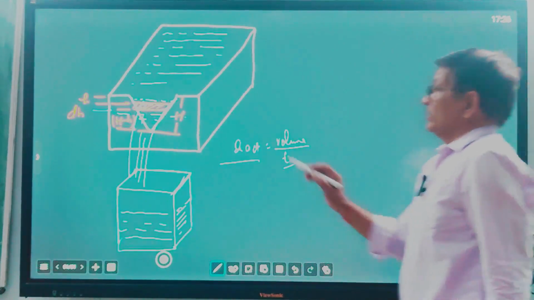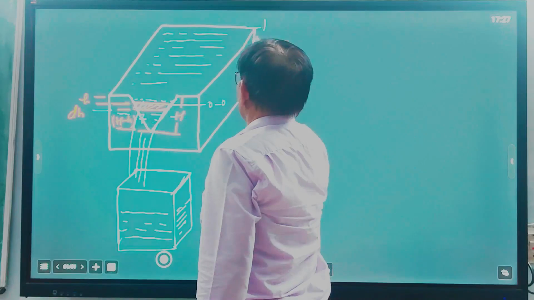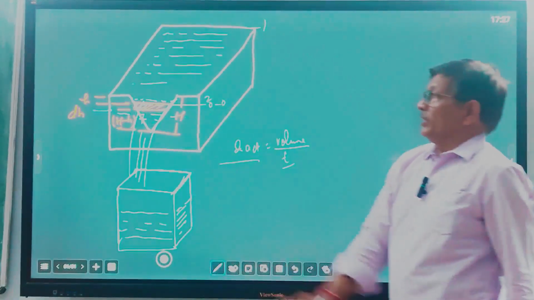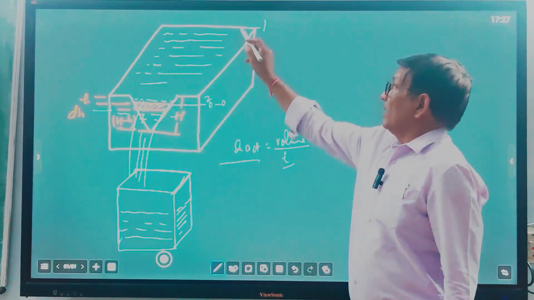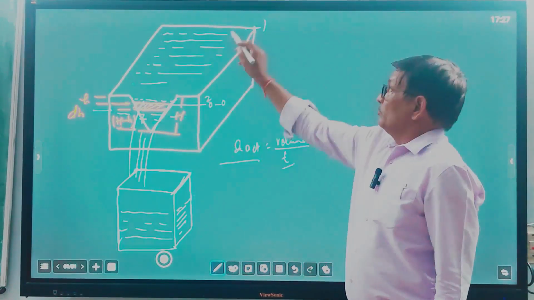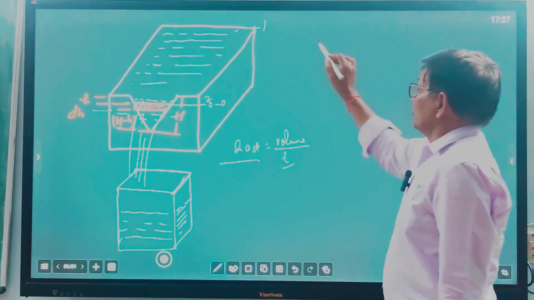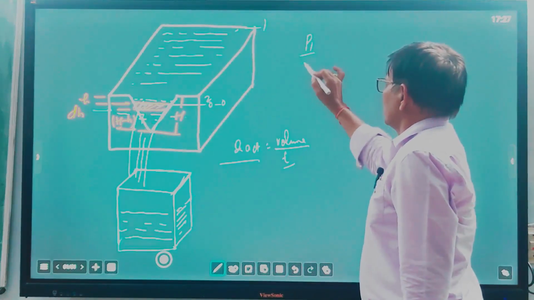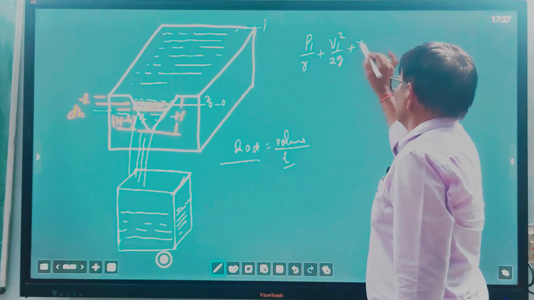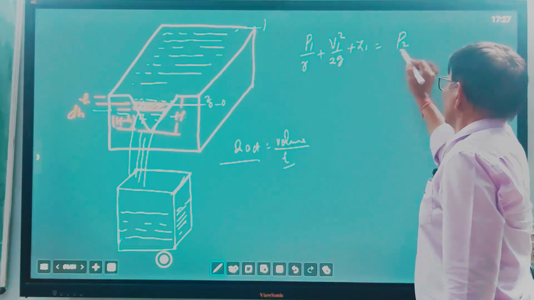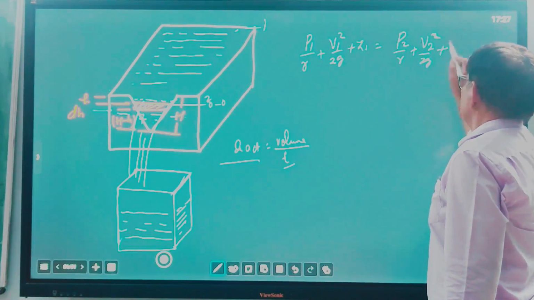First we take a reference line at point 0, and this one is point 1 and this is point 2. What will be the velocity at this point when water is coming out? Here we have only potential energy, and there potential plus kinetic energy. So applying Bernoulli's theorem, P1 upon gamma plus V1 square upon 2g plus Z1 equals P2 upon gamma plus V2 square upon 2g plus Z2.